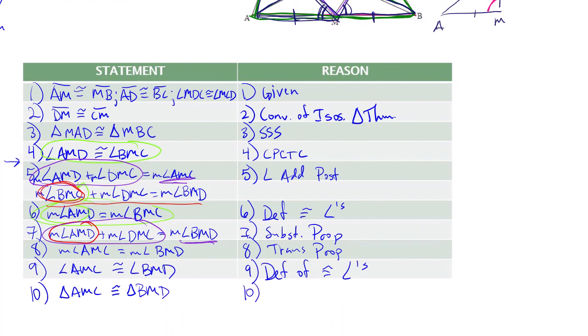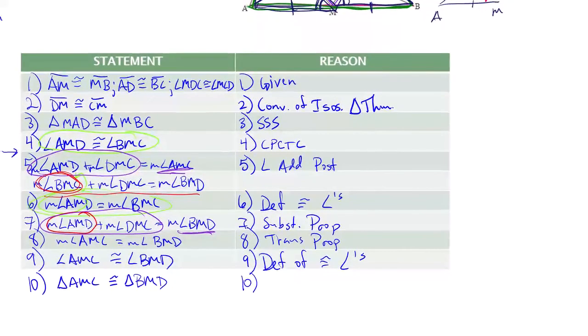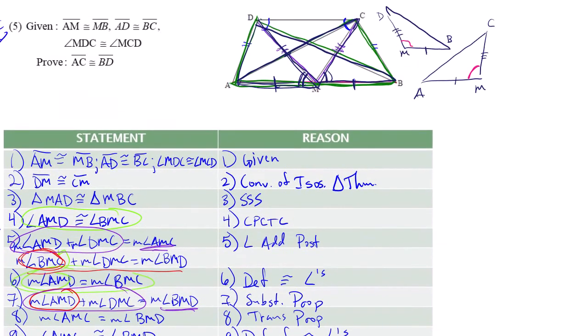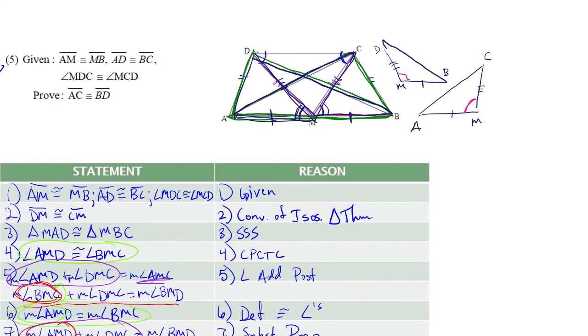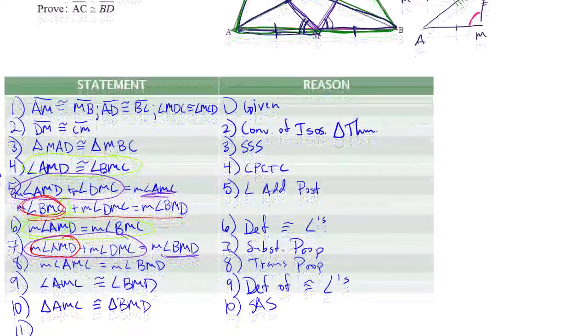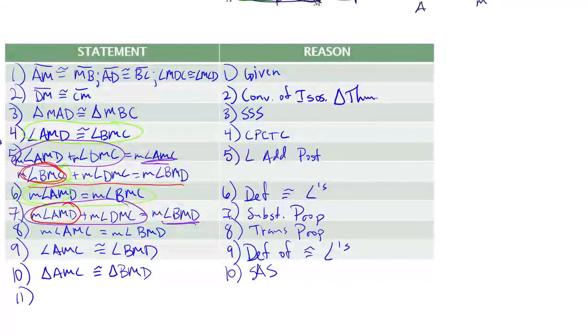All right, and we said side angle side, correct? Yep. Okay, and so now that they're congruent, that must mean CPCTC. We can say that AC is congruent to DB, and that's what we're trying to prove, right? AC is congruent to BD by CPCTC. All right, so there we go.